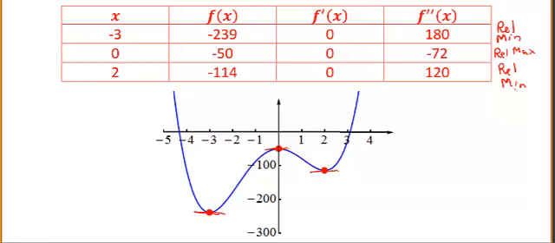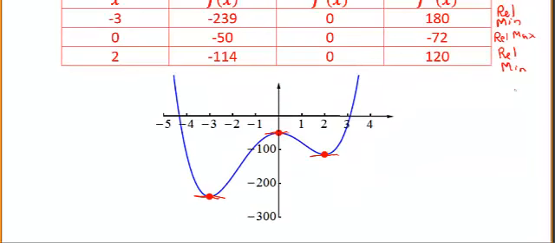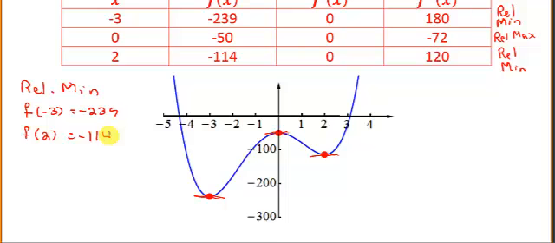But now let's see, what are the relative minima? I'll have to list these on the side. The relative minima are going to be f of -3, which is -239, and f of 2, which is -114.